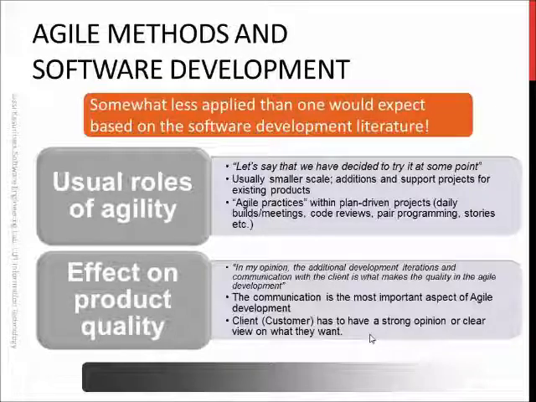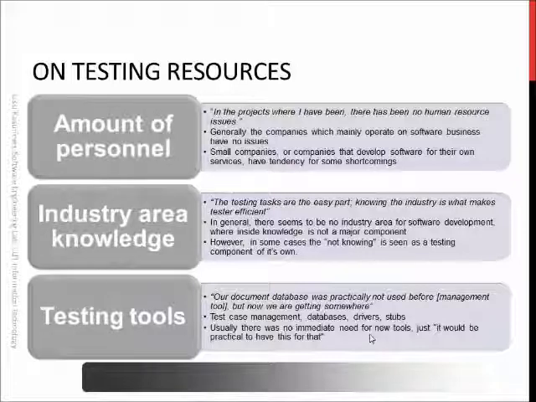If you had a customer who had a strong opinion or clear idea of what they actually wanted, then it improved the product quality. And that was also the important part of agile approaches. Instead of hiding the customer behind a wall of middle managers and lawyers and stuff like that, you could actually call someone and ask things.